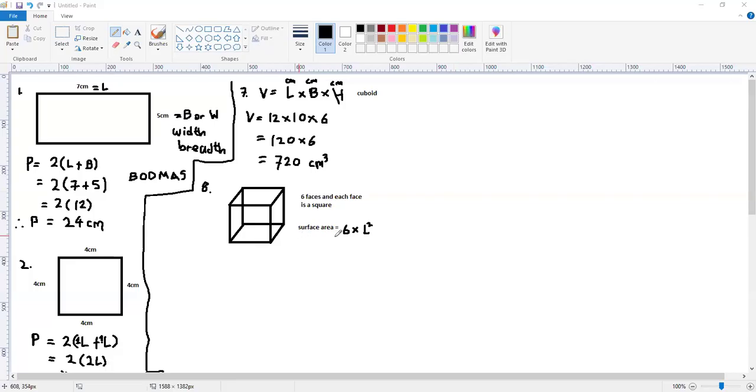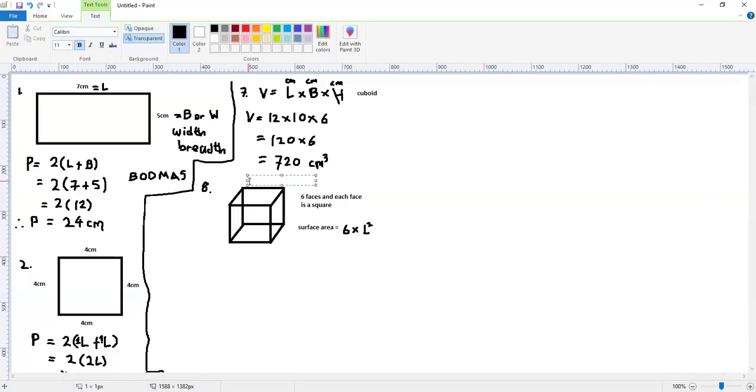So did you see the formula I wrote down there for surface area of a cube? Yeah. So let's now throw in some imagination here. Let's pretend that for our cube, one side is 7 centimeters.